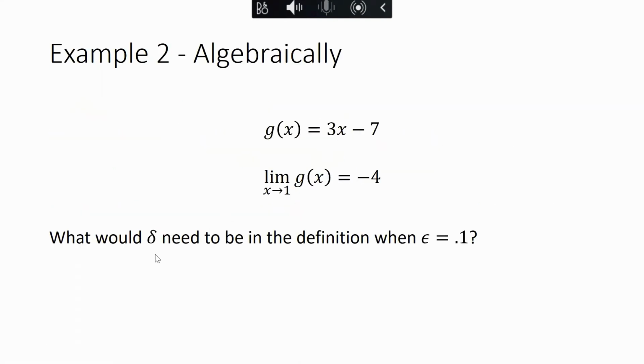We need to find our delta in the definition so that the output is within 0.1 of -4, given that the input is within delta of our number 1.